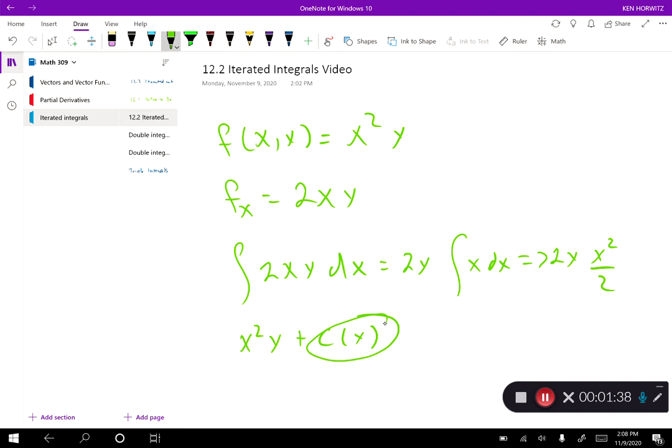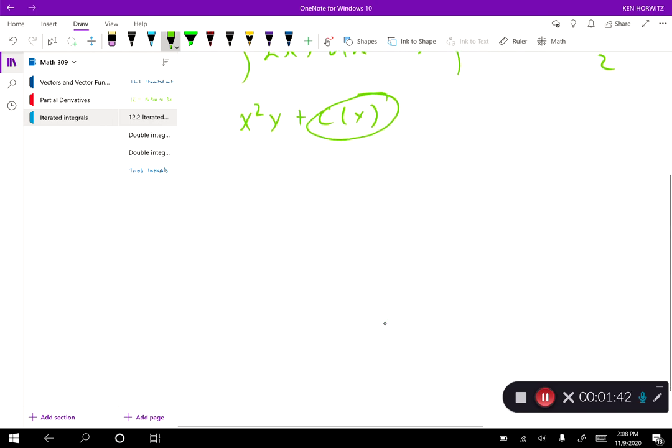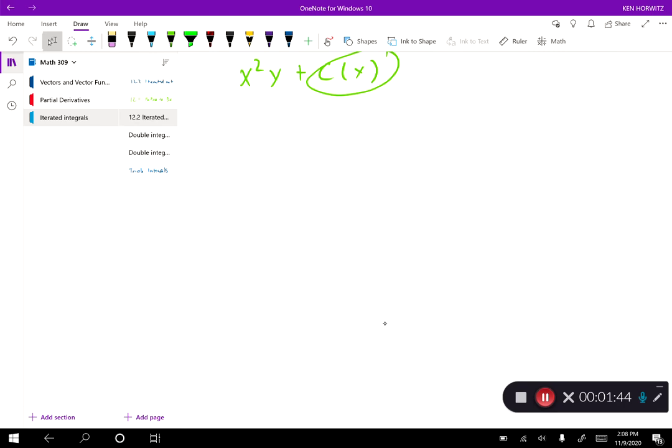All right, but the idea that we can go backwards and reconstitute our function is what we're going to talk about. So let's do a very basic example.